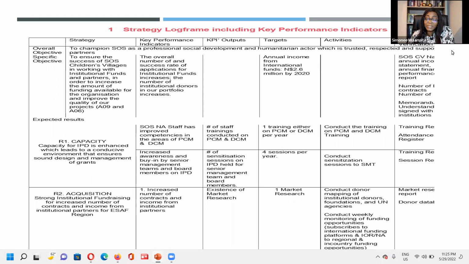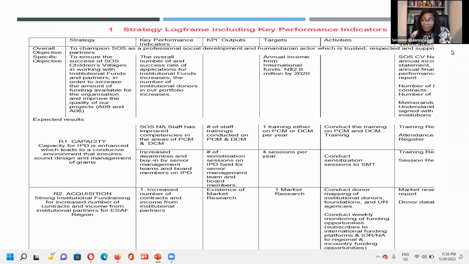And then we look at targets: annual income, international funds, 2.5 million by 2020. And then when you look at your expected results under capacity development, 1 training either on PCM or DCM per year, and also 4 sessions per year, and then also market research under acquisition. Market research has been done.